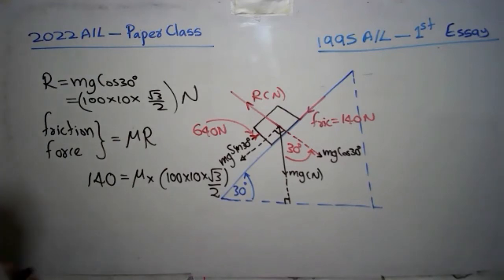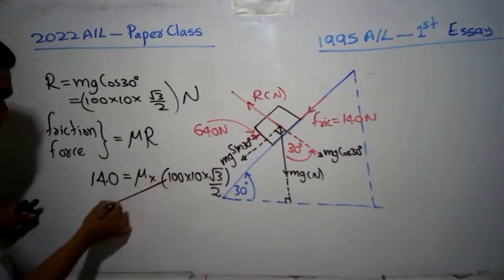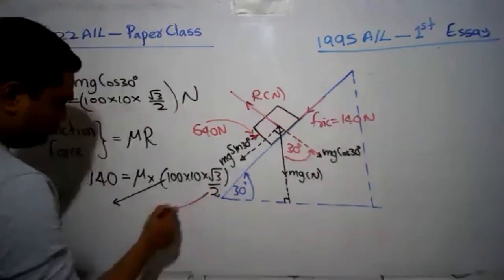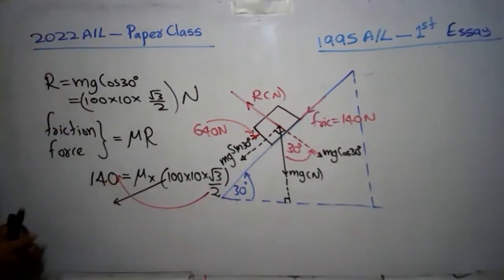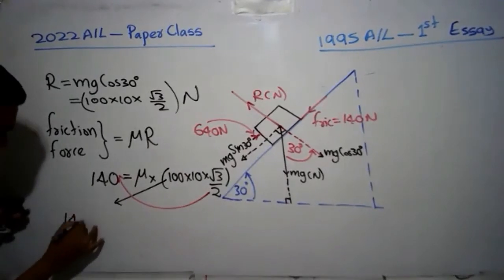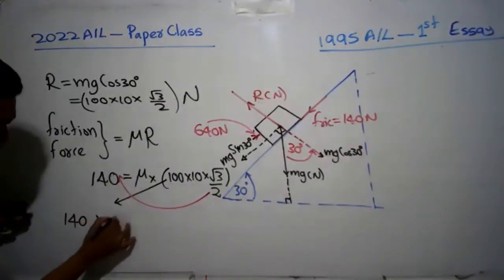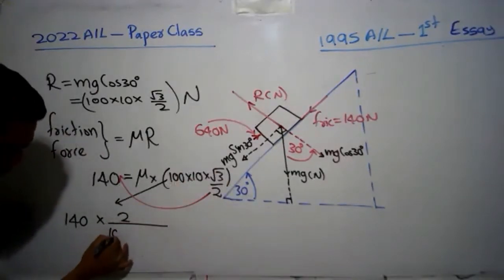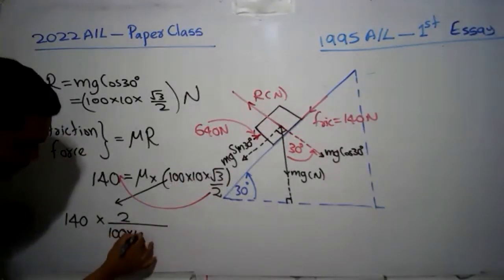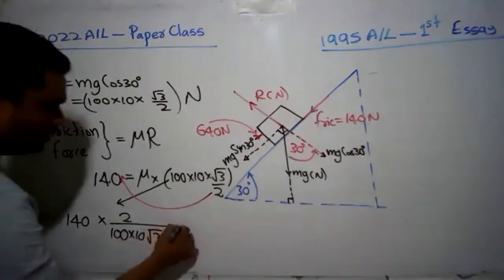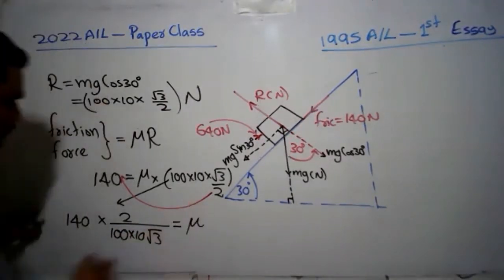We can use cross multiplication to take the numbers to this side and this number to this side like this. So then we'll get 140 multiplied by 2. All these numbers come to the denominator. 100 into 10 into root 3 equals mu.